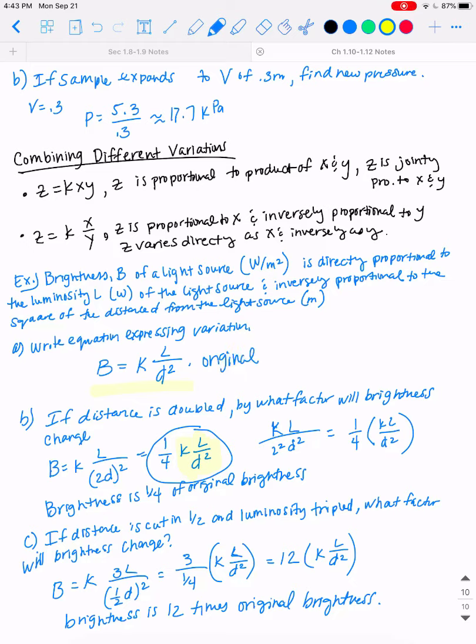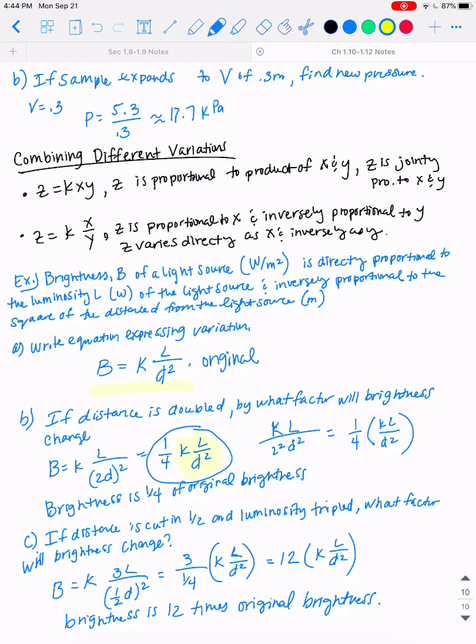Okay, so C is, if distance is cut in half and luminosity tripled, what factor will brightness change? So B equals K, and our luminosity is tripled, so that means 3 times L, and our distance is cut in half, so this time we're going to do 1/2 times D, and that's going to be squared. So we have 3 over 1/2 squared, which is 1/4, and then we have 3 over 1/4.